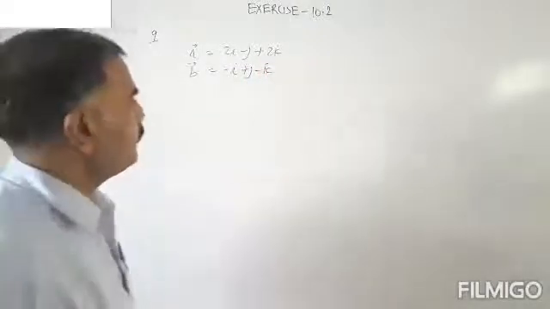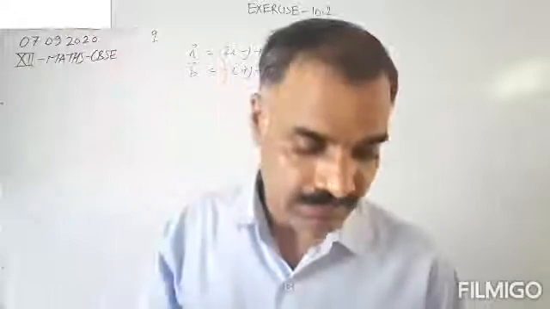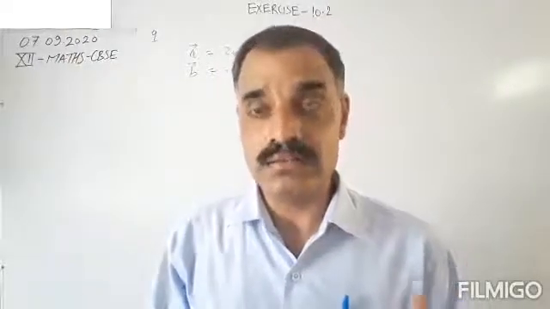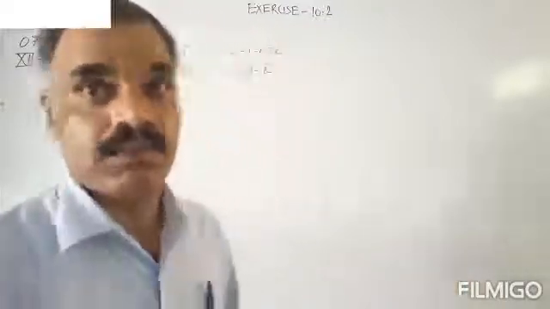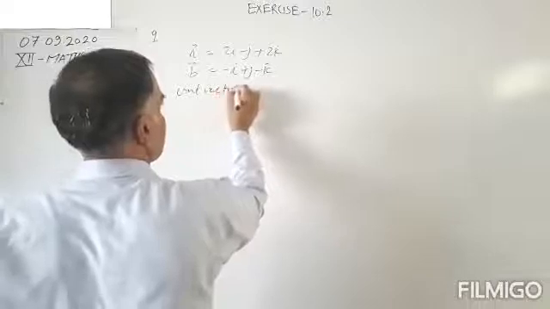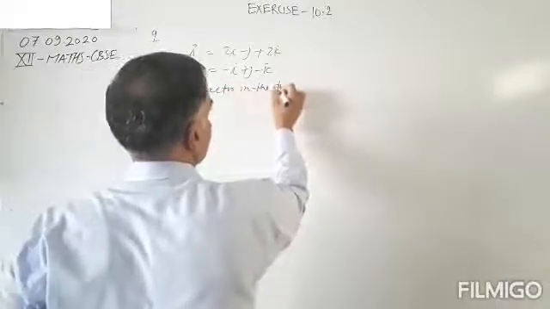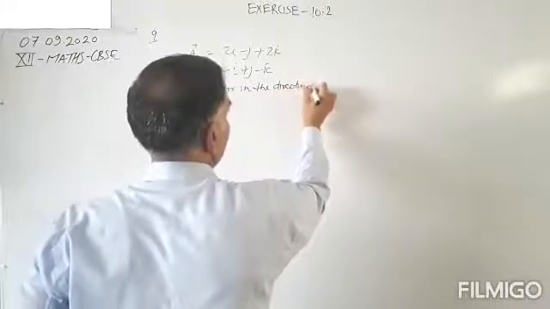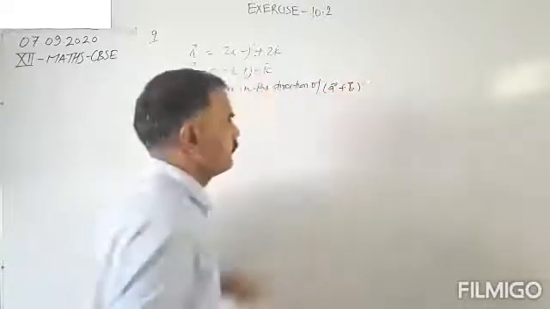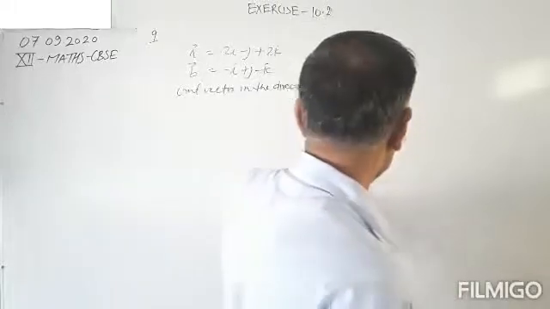Okay, we have been given these two vectors, a vector and b vector, and we want to find the unit vector in the direction of a vector plus b vector.